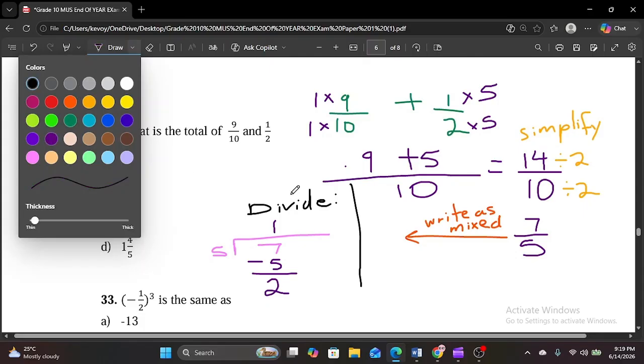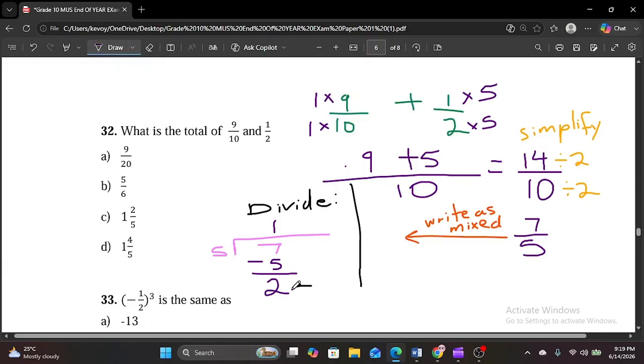This is going to be my numerator. This is going to be my denominator. And this is going to be my whole number.